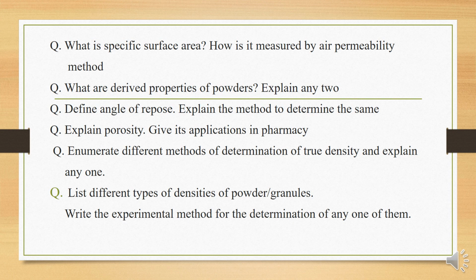Porosity or voids, epsilon, is equal to void volume by bulk volume. First we have to write what porosity is, and write this equation: porosity epsilon is equal to 1 minus Vp by Vb, that is void volume by bulk volume, into 100.